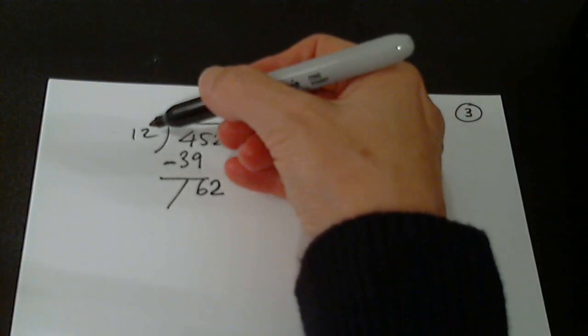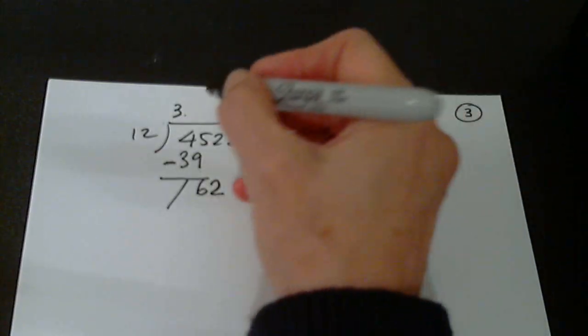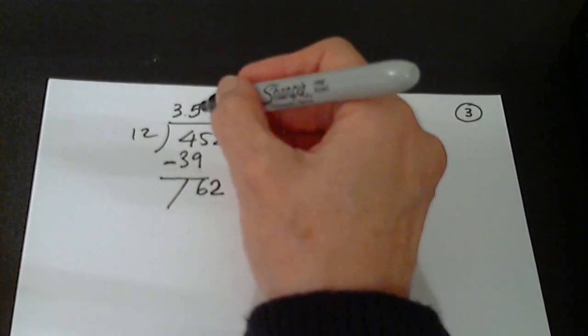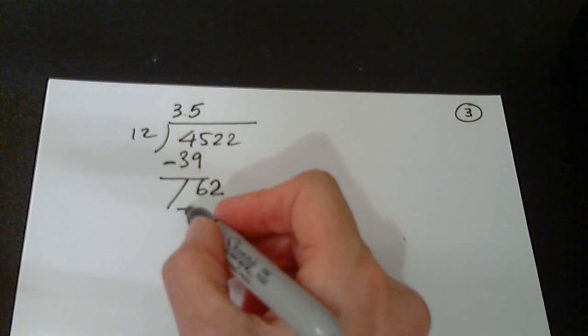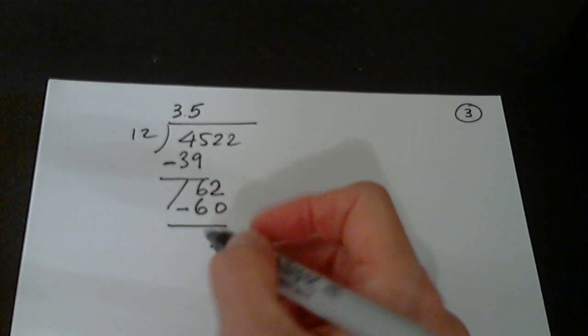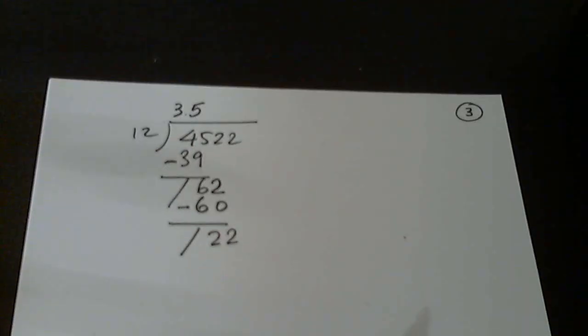And again, I ask myself, 12 times what is 62? So that would be 5, because 5 times 12 is 60. When I multiply 5 by 12, I do not get negative 60, but I have to change the sign and write negative 60 because I subtract. And then I bring down the next in line. This is gone.